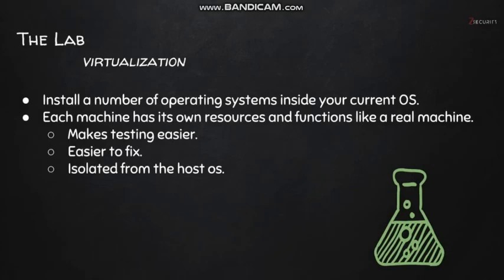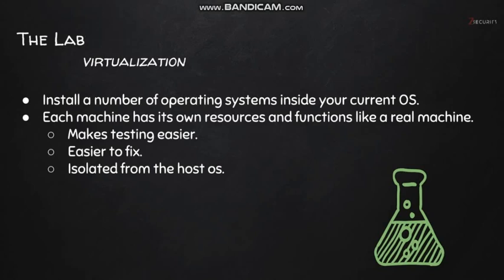Now, it is very important to understand that you will not lose any functionality when you install an operating system as a virtual machine. You can use that machine exactly as if it's a real physical machine. So the really cool thing about using virtual machines, first of all, you're not going to lose any functionality.